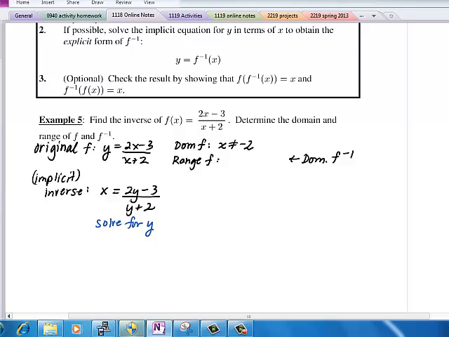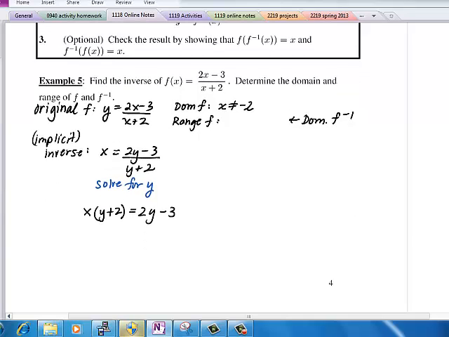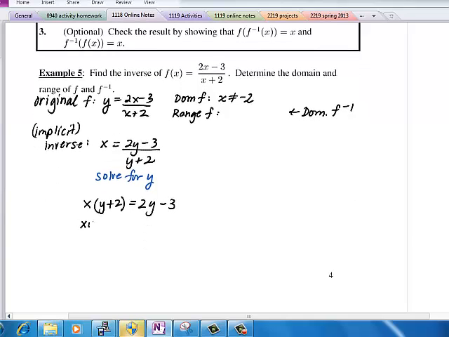So first I would want to clear the fraction by multiplying on both sides by y plus 2. And I'll distribute. And then this step is where it can get confusing about what to do.